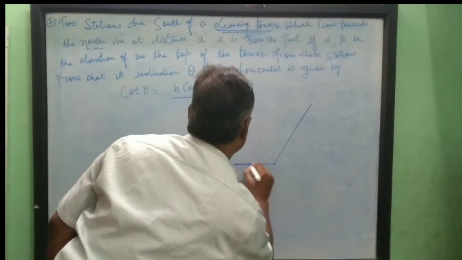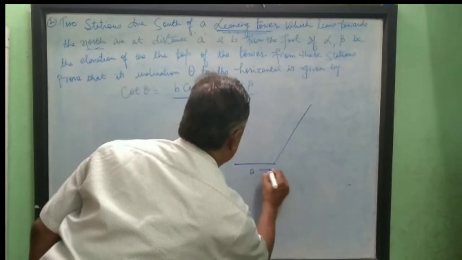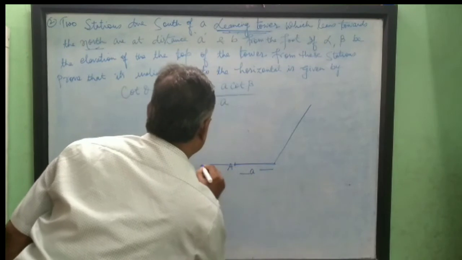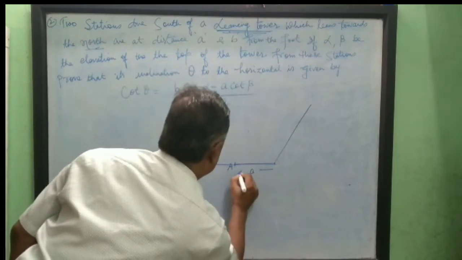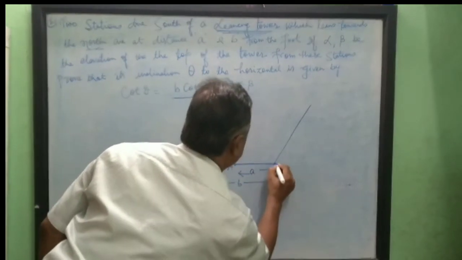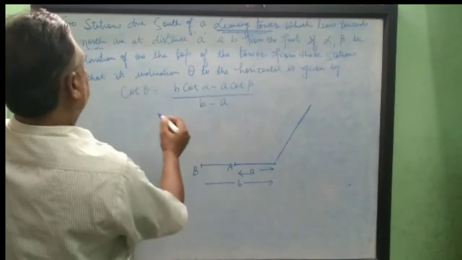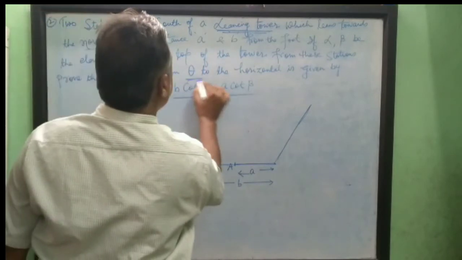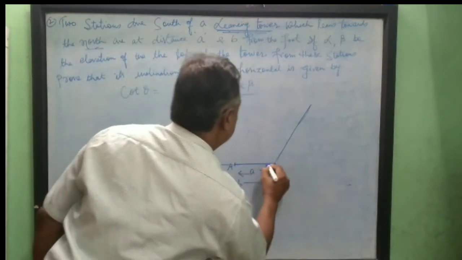So stations are at distance A, let this point be A, and one more station is at B. So this distance is B. This is the leaning tower, and its inclination is theta. This is theta.